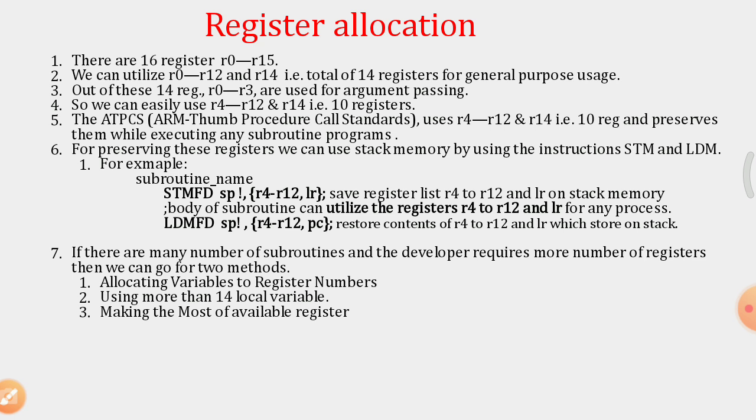This ATPCS uses R4 to R12 and R14, that is 10 registers, and preserves them, that means it stores them while executing any subroutine program. That is, when a main program is using R4 to R12 as well as R14, whenever a subroutine occurs, the ATPCS first stores the values of R4 to R12 from the main program into stack memory.